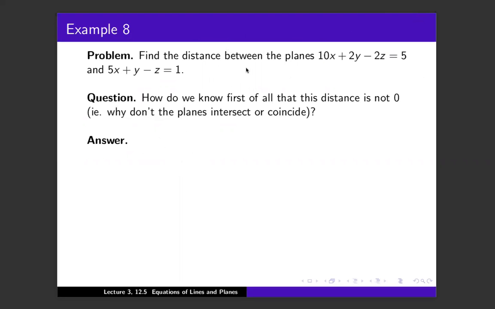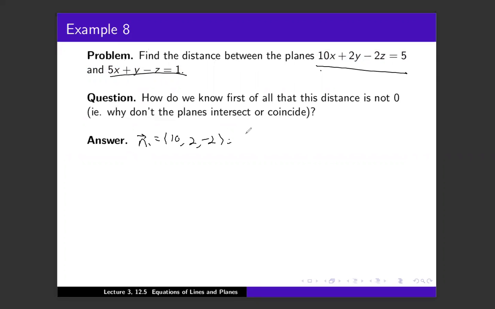Well, to answer that question, let's look at the plane equations. Here's the first plane equation. Here's the second one. And we notice that the first normal vector is 10, 1, -2.